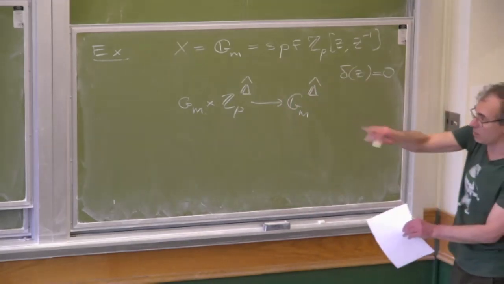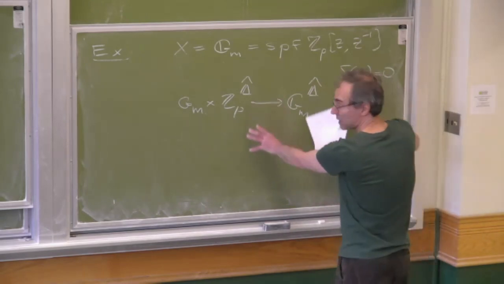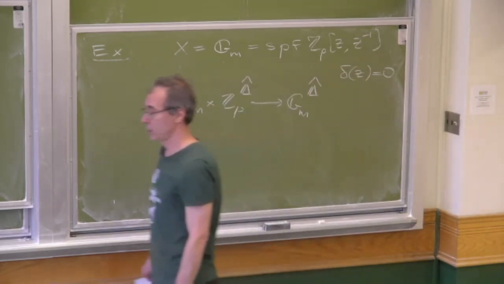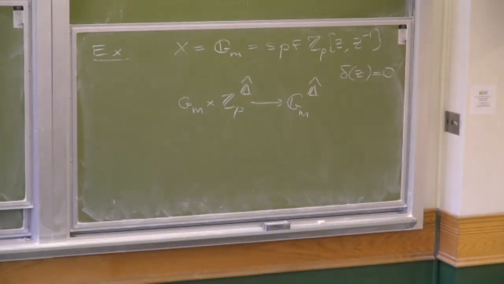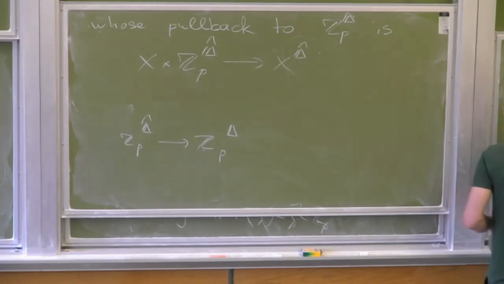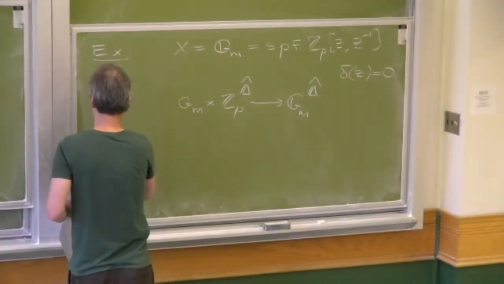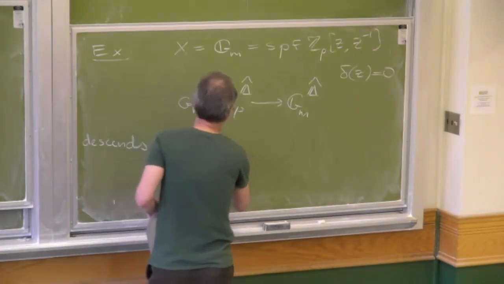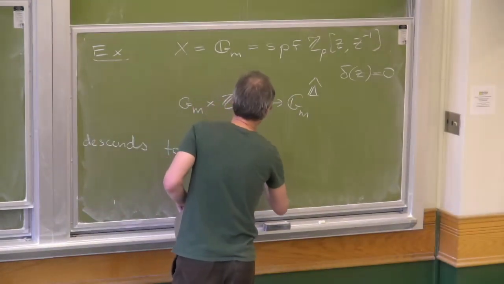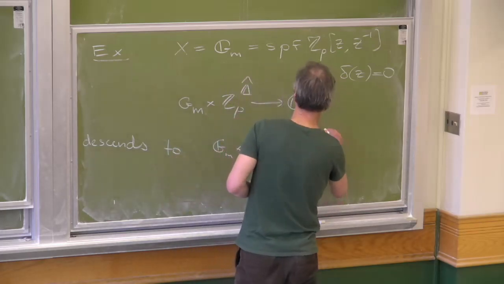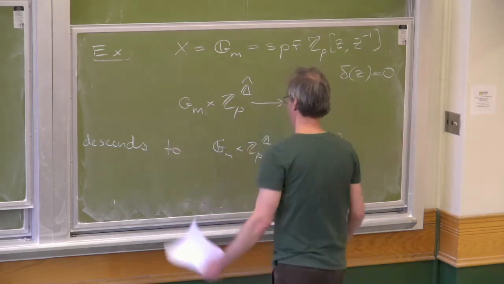And the theorem says that this map descends canonically to ZP. So descends to a map from where to where? The map descends to a map from G_a to G_m.